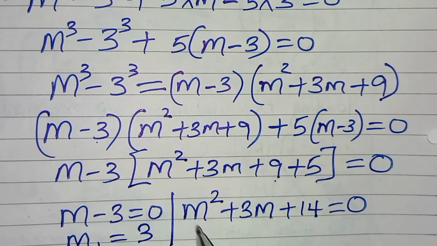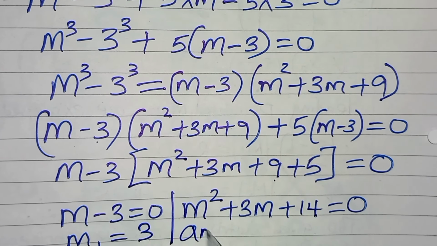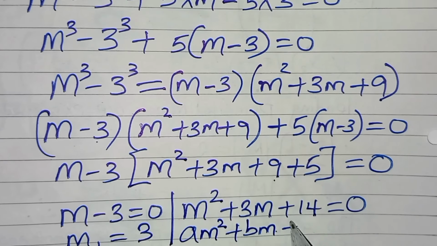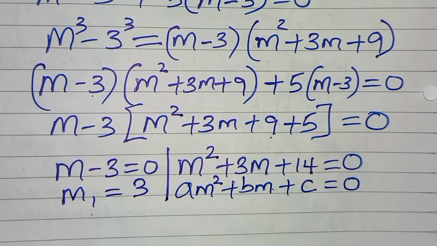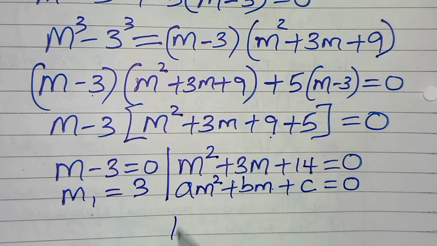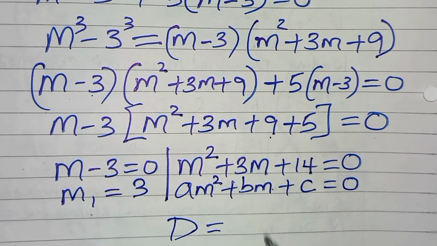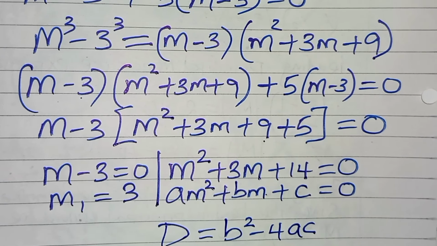And the second part here is a quadratic equation of the form am squared plus bm plus c equal to 0. So the first thing to do here, let us assess the discriminant value so that we can check the nature of the roots of this quadratic equation, which is b squared subtract 4ac.